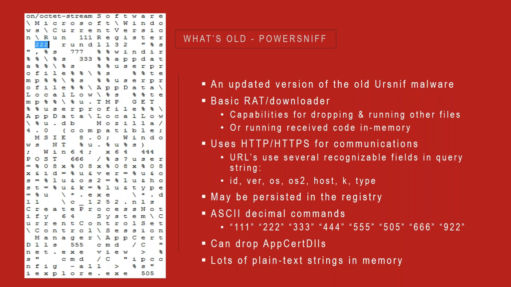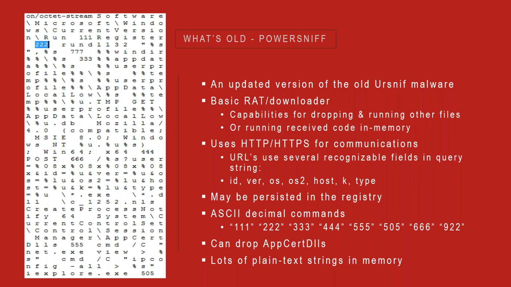It means it has capabilities for downloading other malicious files from a command and control node somewhere, and then saving those to the disk and running them. This one also has the ability, which has been added relatively recently, to run that code in memory. And so it can also load additional in-memory modules without touching the disk.